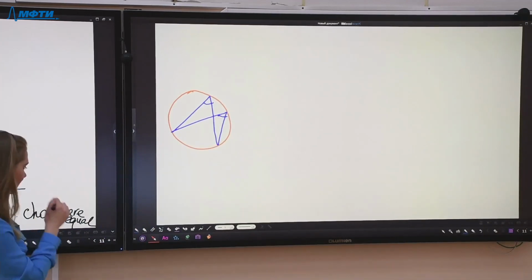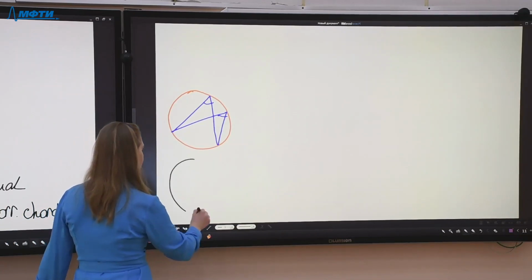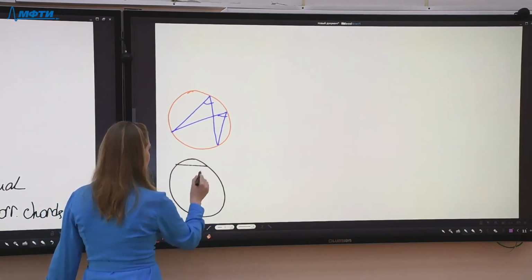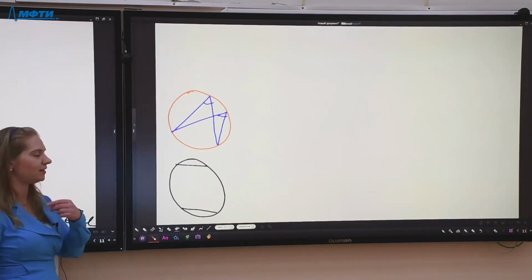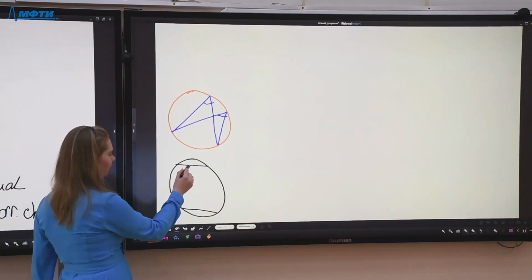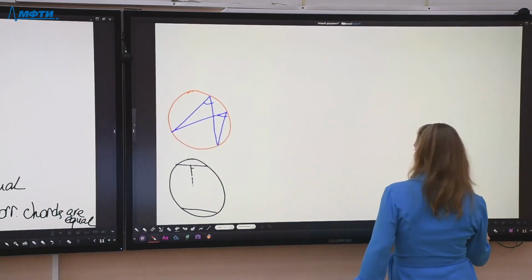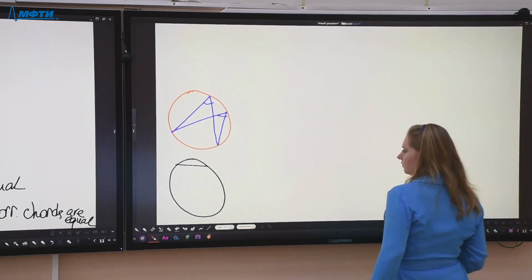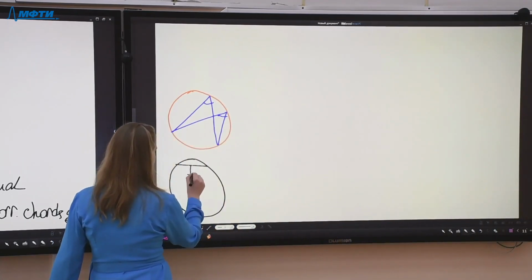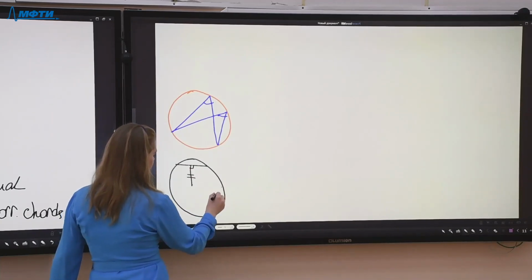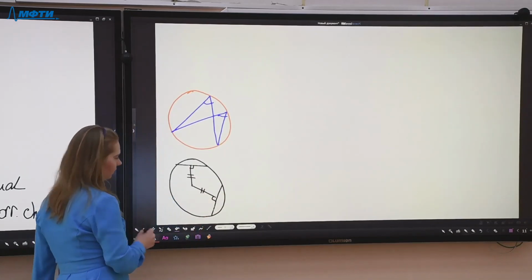Well, next, with chords, if we have two equal chords, we can say that they are equally distant from the center. So the distance to the center from the first chord and this distance, they are equal.